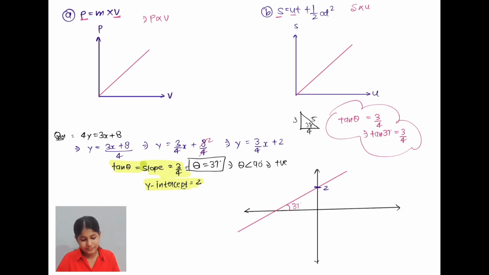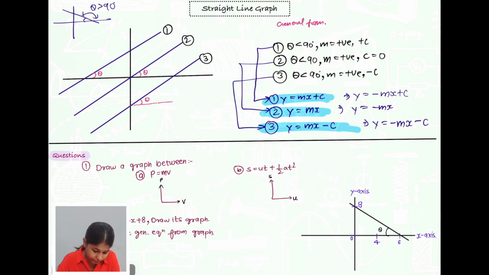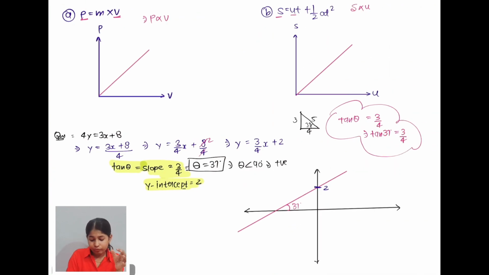Okay, this was the solution of our second question, in which your equation is given. You just have to solve the equation and take out the exact value of your slope and y-intercept. Then automatically you can plot it on the graph.